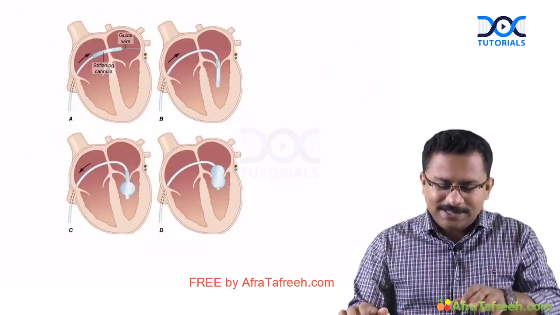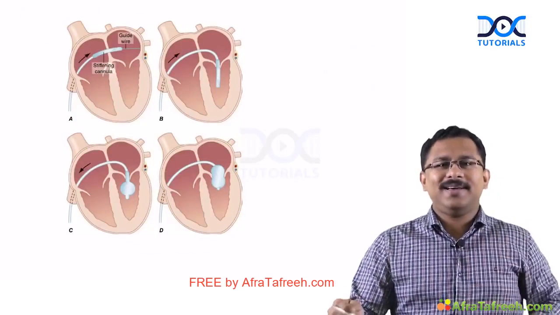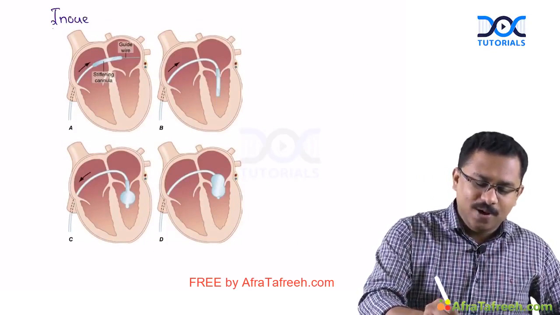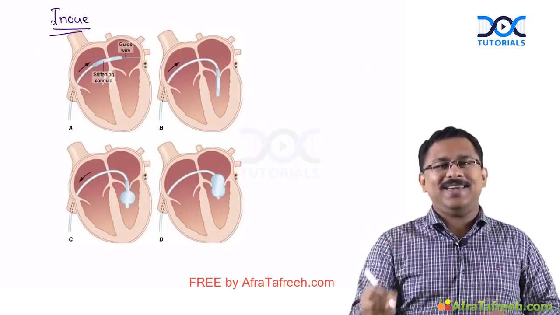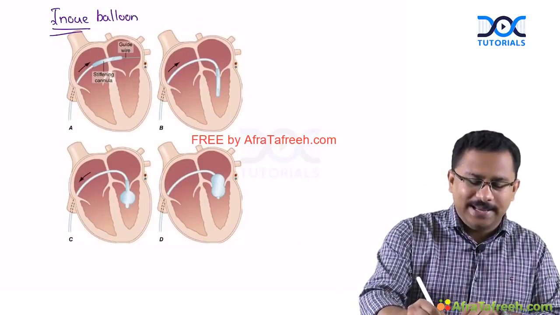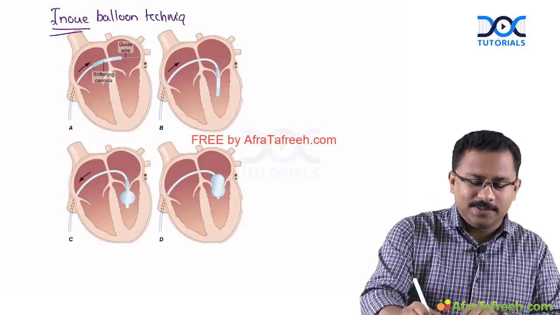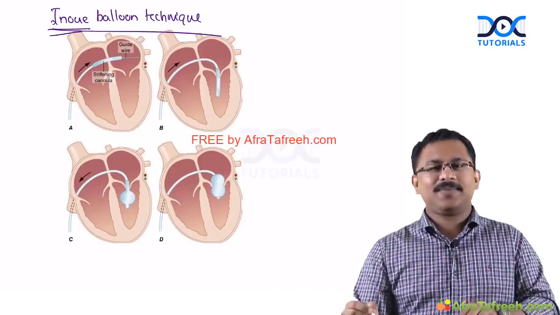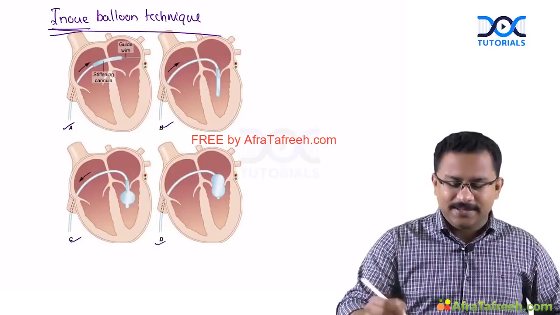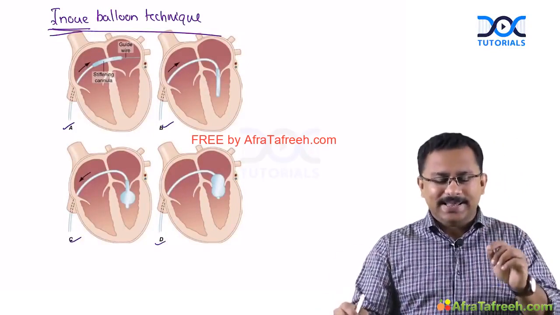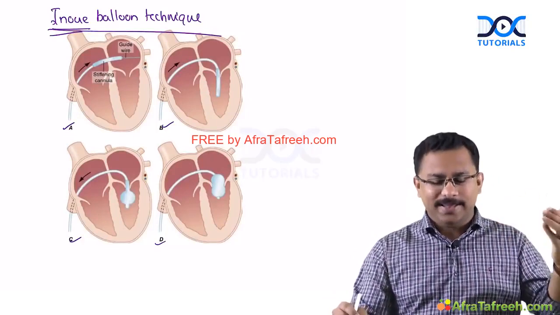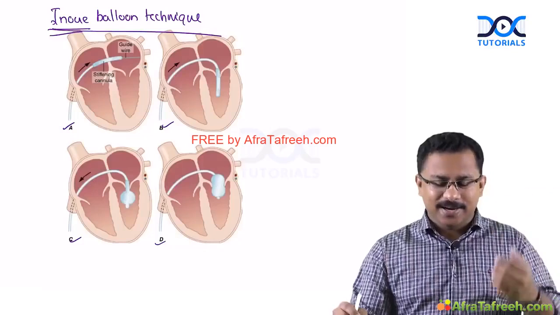Okay, so what you are seeing now in your figure is the INOUE balloon technique for the percutaneous mitral balloon valvuloplasty. So here you can see the figure A, B, C, D. I have taken this from Harrison. You can see in the figure there is a transseptal puncture, that is between the right atrium and left atrium.